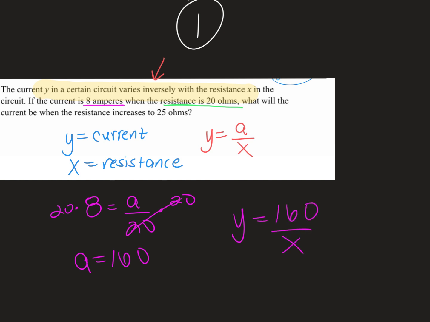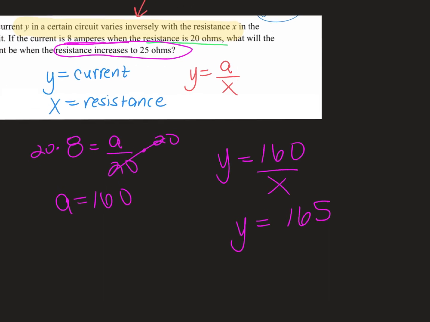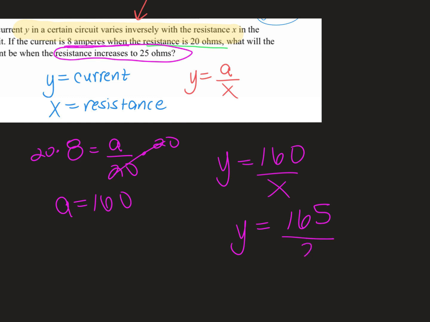Now we're going to solve when the resistance increases to 25 ohms. So I have Y equals 160 over X. I'm going to substitute in 25 ohms. It should be 160. I don't know why I wrote 165.